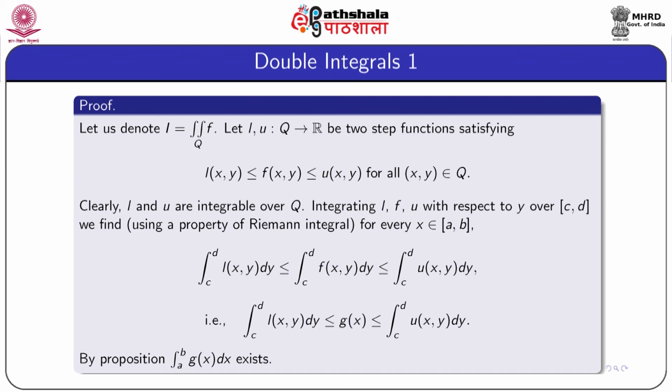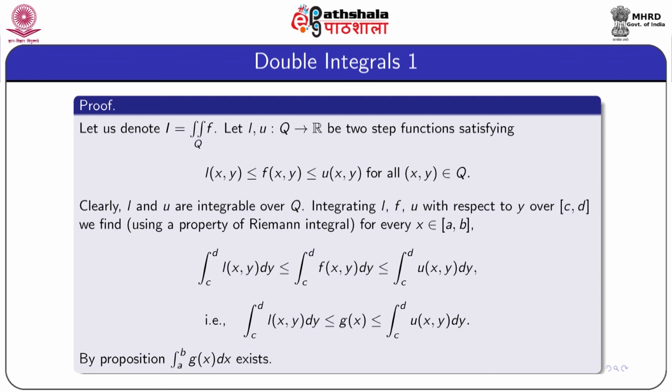Integrating L, f and u with respect to y over [c,d], we find integral over c to d of L(x,y) dy less or equal to integral over c to d of f less or equal to integral over c to d of u. That is, integral over c to d L(x,y) dy less or equal to g(x) less or equal to integral c to d u(x,y) dy.